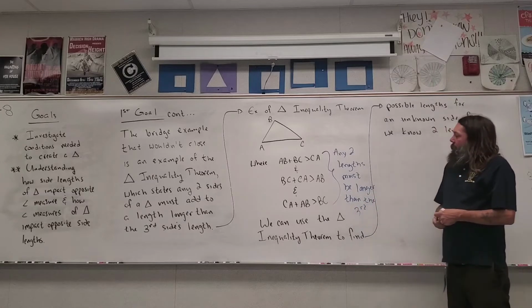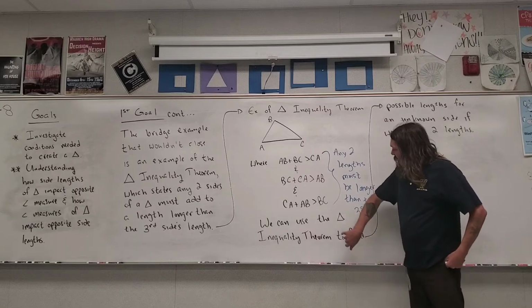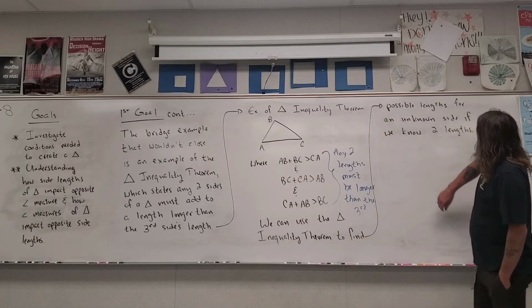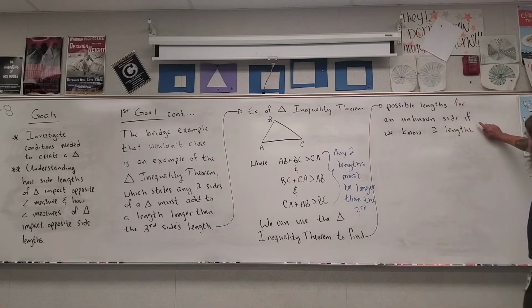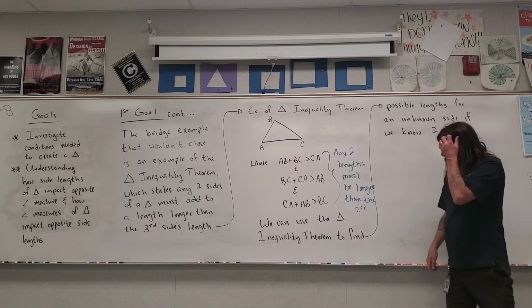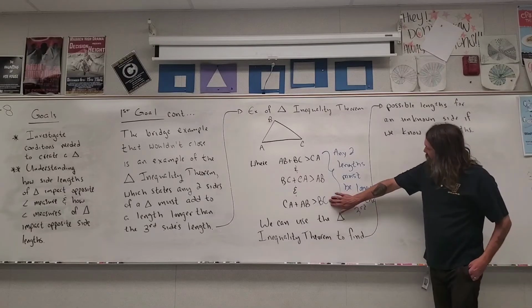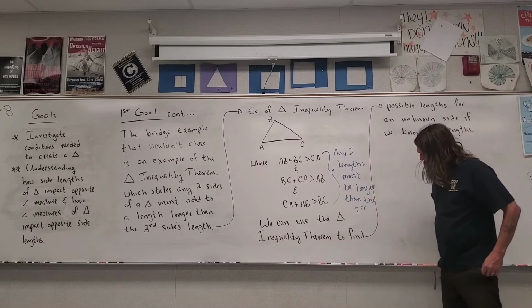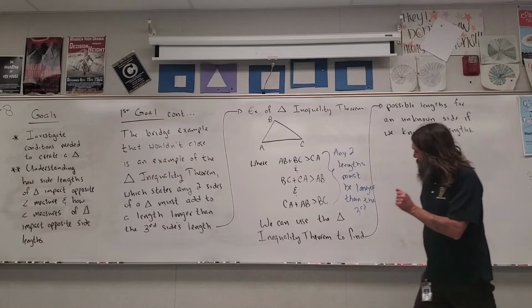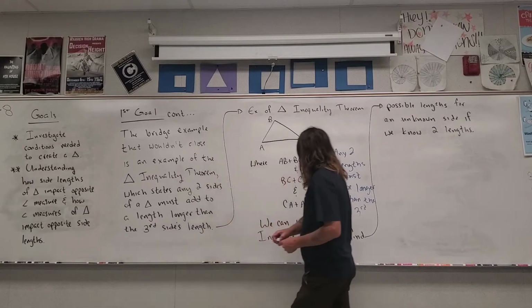All right. Now, we can also use the triangle inequality theorem to find possible lengths for an unknown side when we know two side lengths. So what I'd like to do is just focus on the length of side BC.